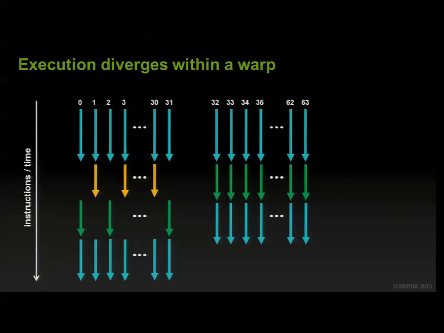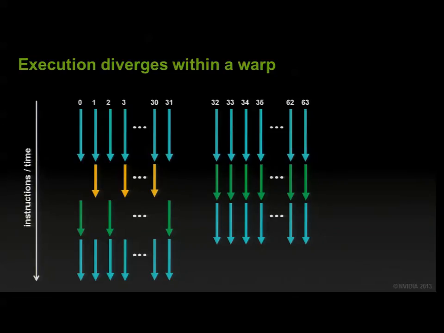This is not a particularly good pattern, because it will mean that every single warp goes through both the true and the false part. Because what will happen is that up here, every second thread will be masked, and then it will go to the false part and mask all the other threads.